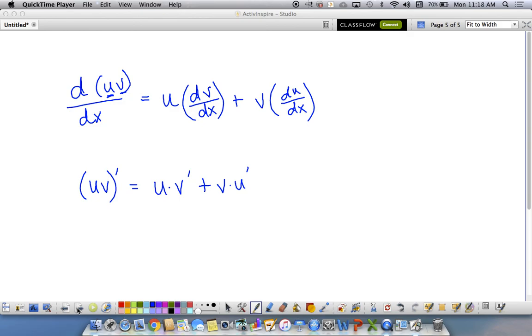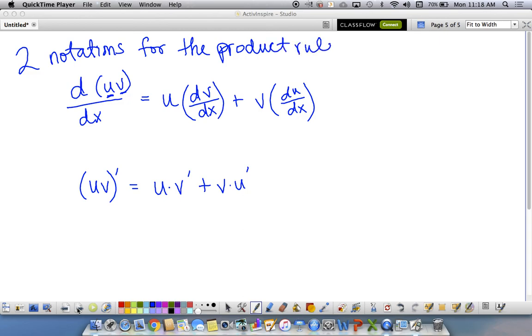Two different notations for the product rule. So this is my first, this is my second. All right, let's look at a few more examples.